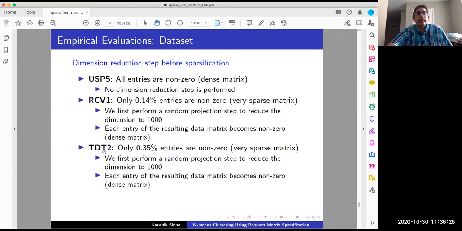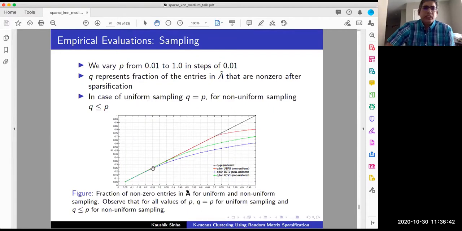RCV1 and TD2 are very, very sparse data sets. So we first perform a dimension reduction step and reduce the dimension to 1,000 in both cases. After that, it becomes a dense matrix, and we perform our algorithm on these dense matrices. We vary the parameter p from 0.01 to 1.